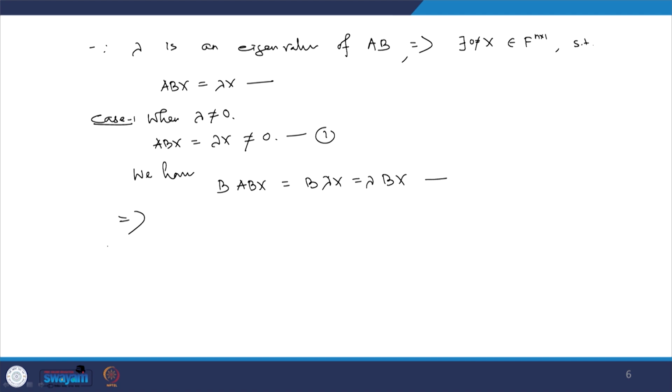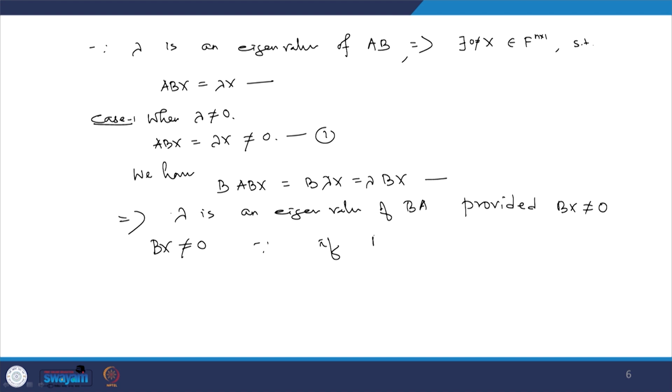So, this implies lambda is an eigenvalue of BA provided BX is not equal to 0. BX is not equal to 0, since if BX equals 0, it implies ABX equal to 0 equal to lambda X, which is not equal to 0, which contradicts that lambda X is not equal to 0.